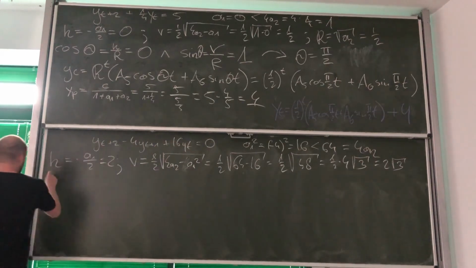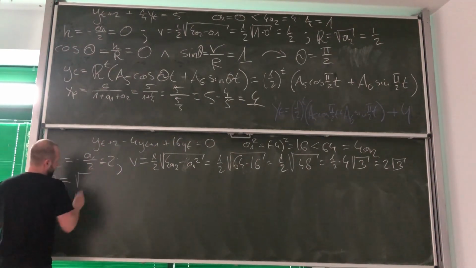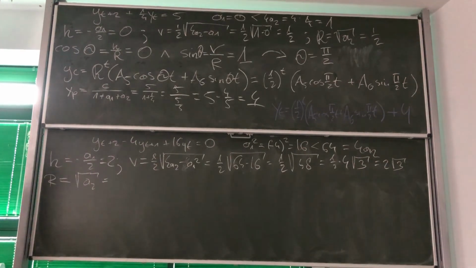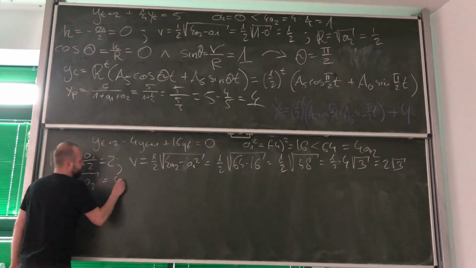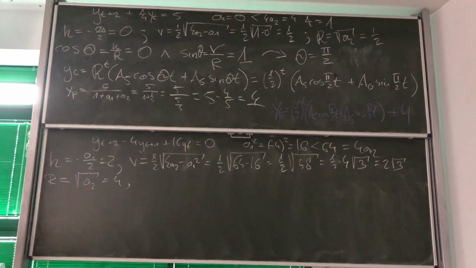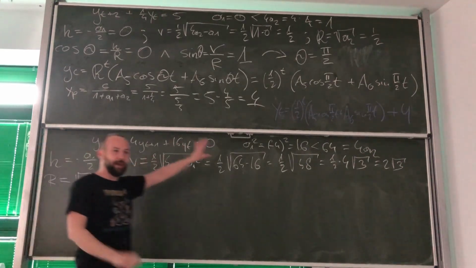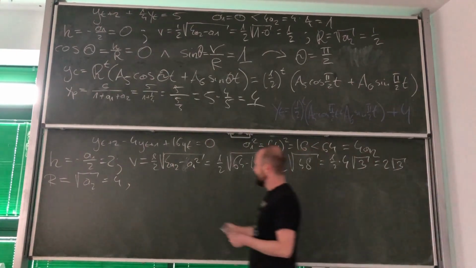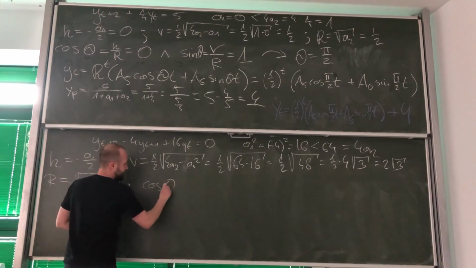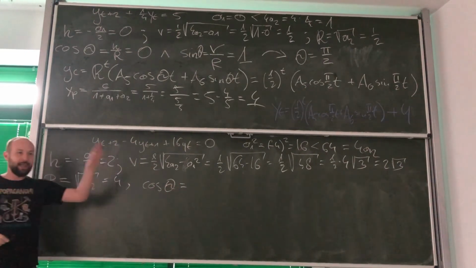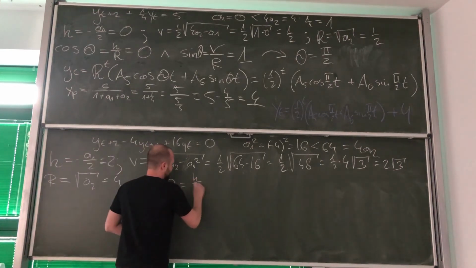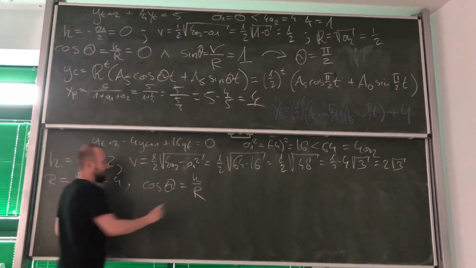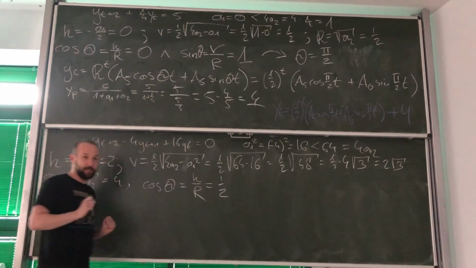And finally, what is r? Well, r being square root of a2 is equal to just 4, right? So now, again, we have enough information to establish what is theta. Why? Like, look, cosine theta, which is equal to h over r, is 2 over 4, 1 over 2, right?